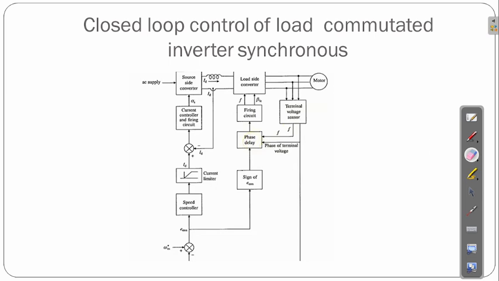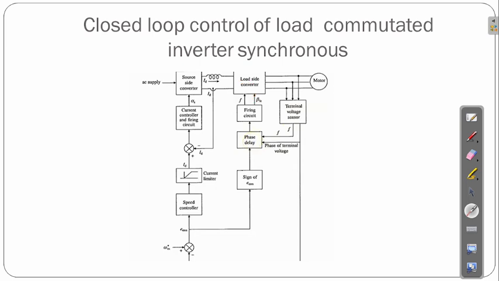After the pulse comes out from the terminal voltage sensor, it won't get any frequency change and it goes to the phase supply. After that, the firing circuit generates the commutated pulse. Then it moves to the load side converter.